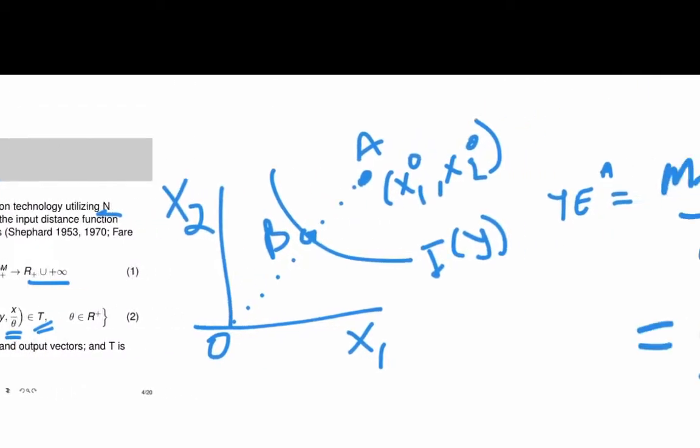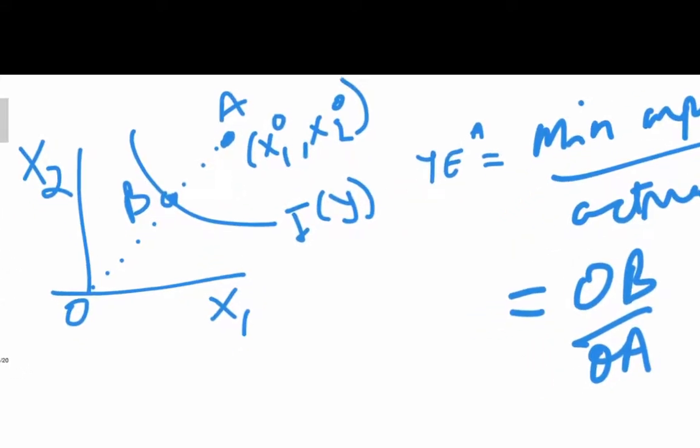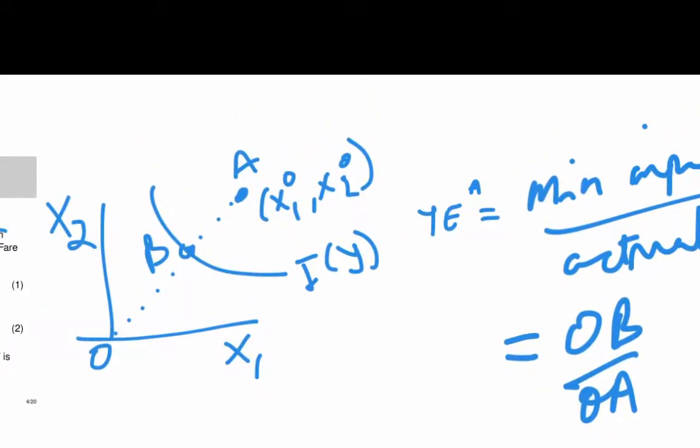Well, if we go back here and look at what that number should be, what's the maximum factor by which we could deflate our input vector A and still be able to produce y?